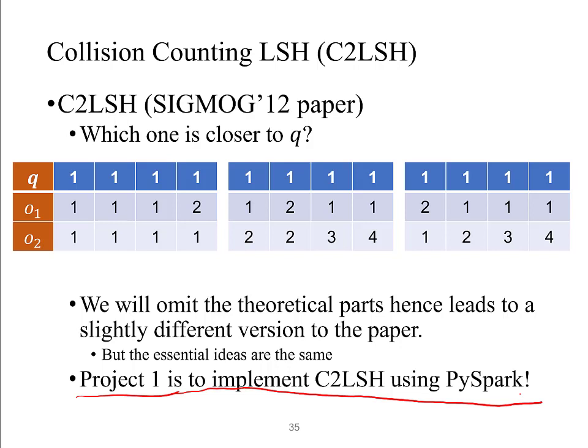The motivation of C2LSH is best shown with an example.